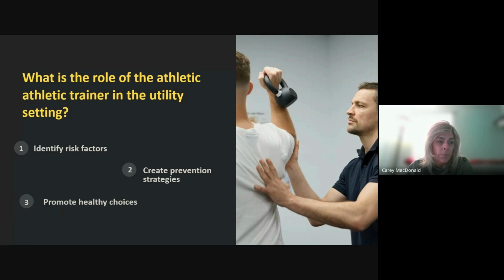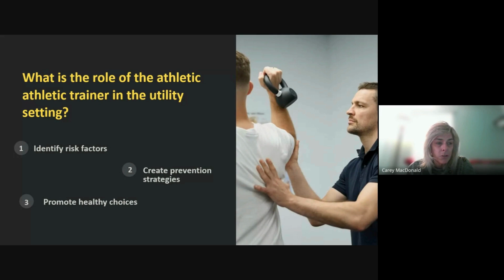So when we're talking about even identifying the risk factors, we want to talk about the unique physical demands and hazards of the industry, and in this particular case, the utility industry. And be able to have the athletic trainer target specific interventions for that industry.